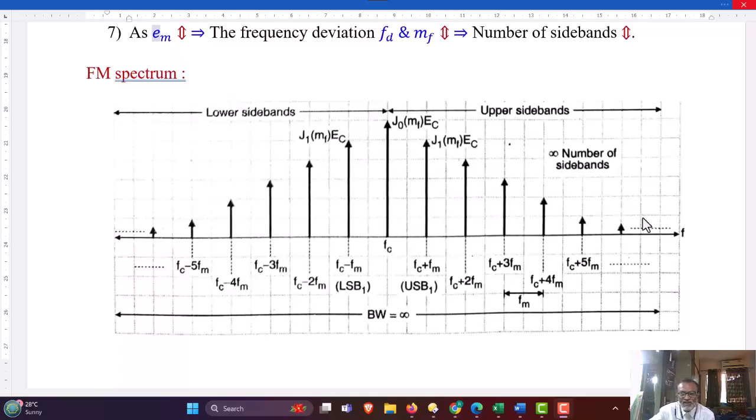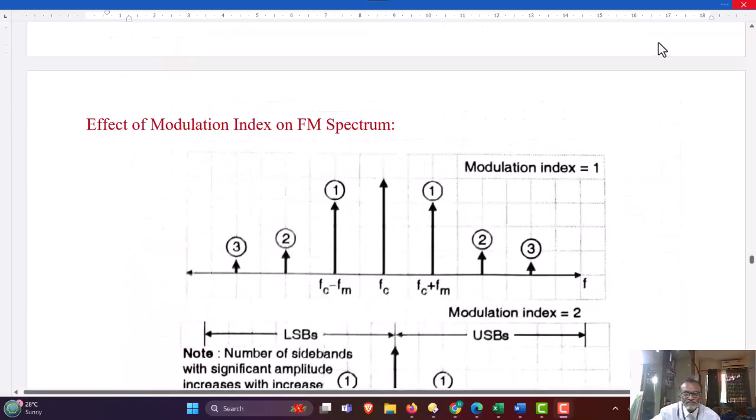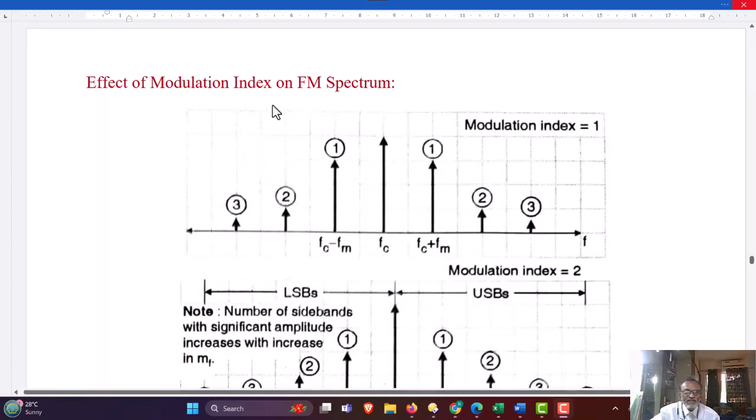Whereas here multiple upper sideband components at integral multiples of Fm are generated, and lower sidebands at Fc minus integral multiples of Fm are generated. So therefore, frequency modulation gives rise to multiple frequency components, and this graph is called the frequency spectrum of a frequency modulated signal. Let us see what is the effect of modulation index on the frequency spectrum.